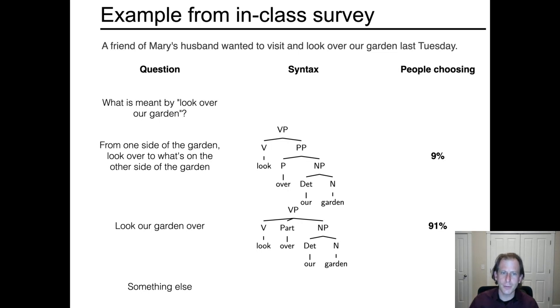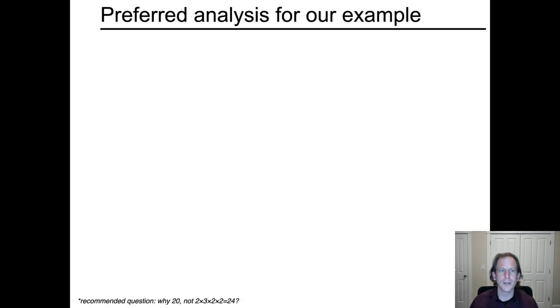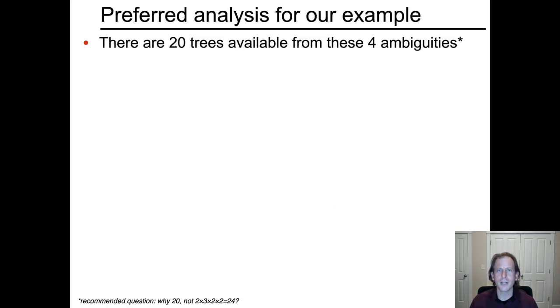In this case, almost everybody chose the latter interpretation, look it over. Okay, so we have these 4 examples. Now, think about this. There are 20 trees available from these 4 ambiguities. There was a two-way, a 3-way, and a 2-way ambiguity. And it's 20, not 24, which you might otherwise expect, which I'll leave as an exercise why it's not 24.